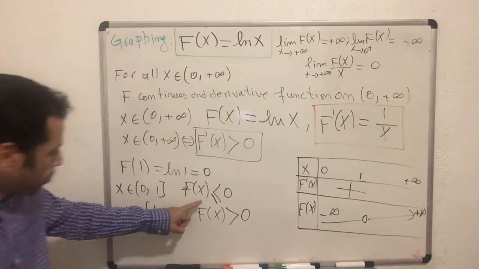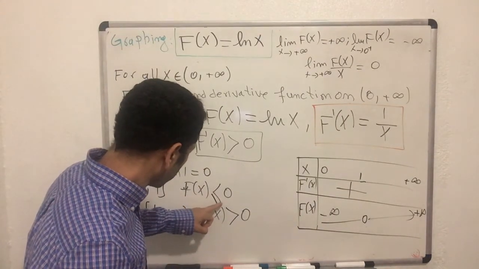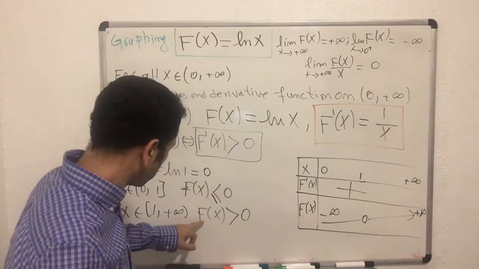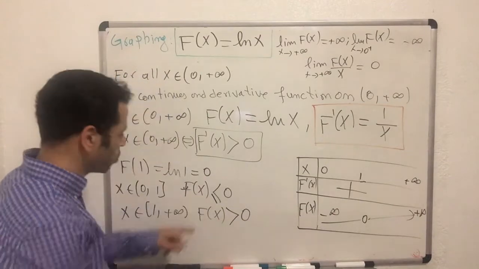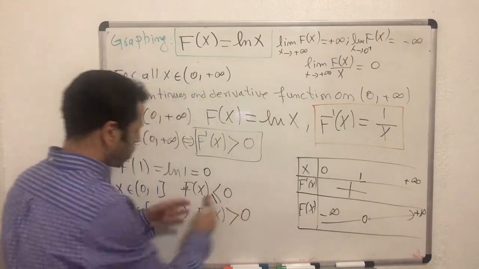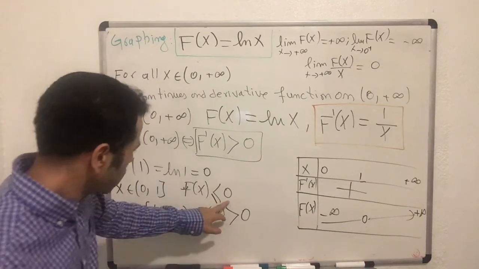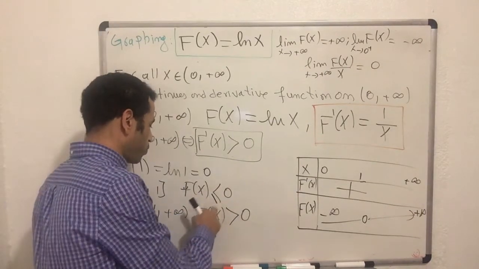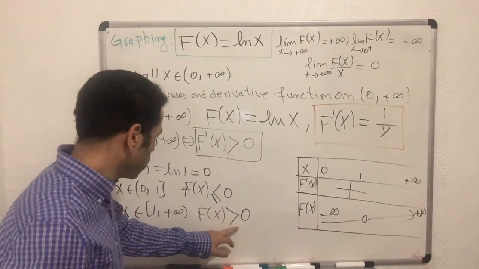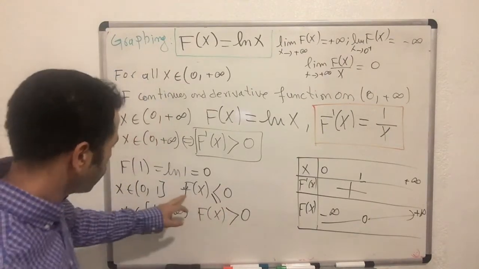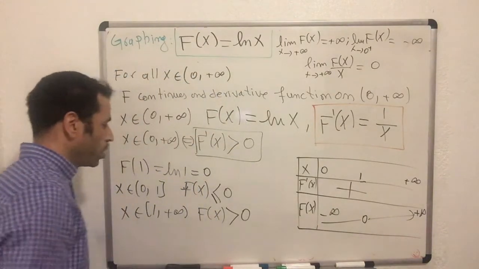As you know, always when you put f of x inferior or equal to 0, the next one you put f of x strictly superior than 0. We cannot put both of them with the same direction. One of these inequalities is enough, only one, not two with equal to. So only one is enough.